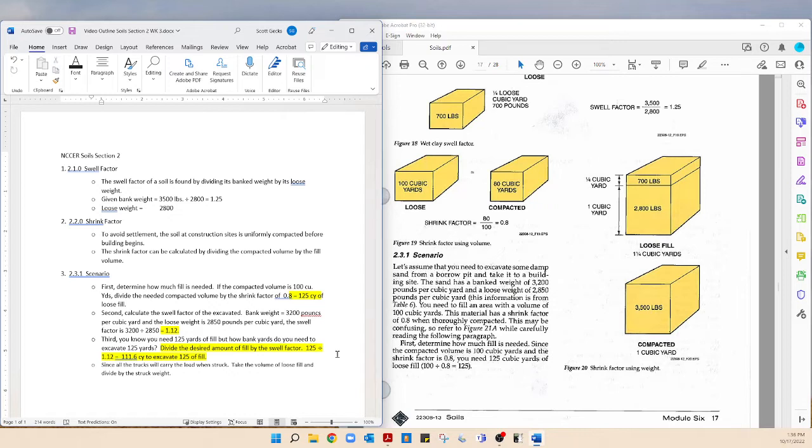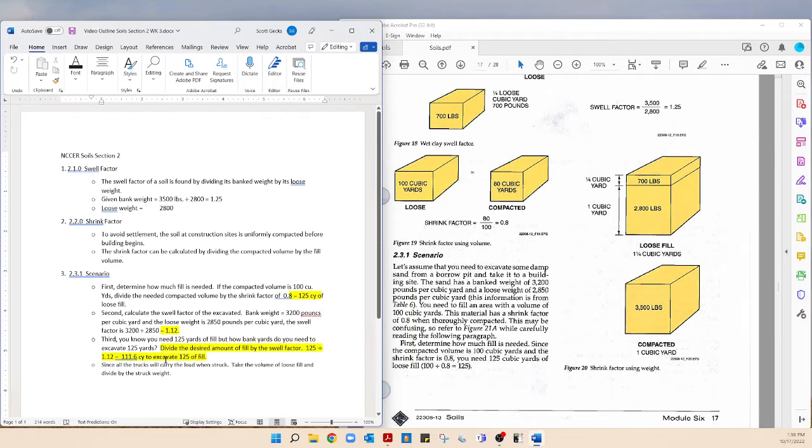You're kind of turning things around. Here's your desired amount of fill. Here's your swell factor. Where did it go? Right here. Divide the amount you need by the swell factor. That gives you how many yards you need to excavate from somewhere to bring it back to put in the empty hole and compact it.